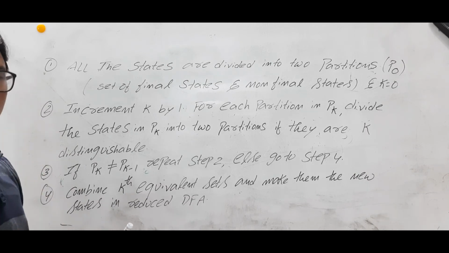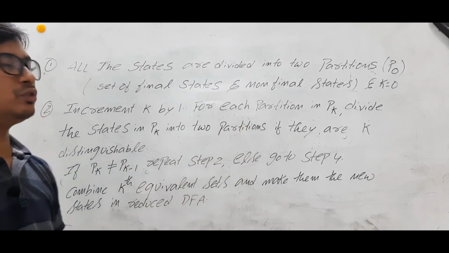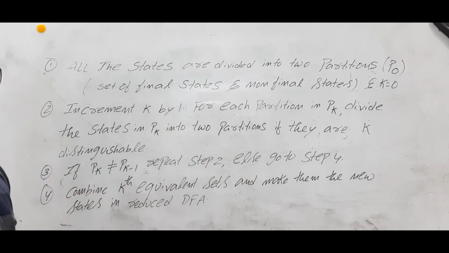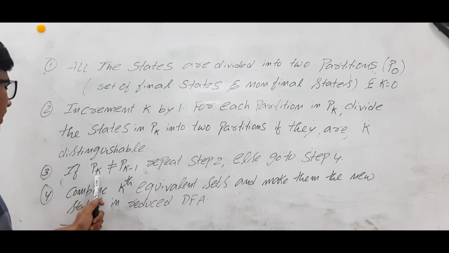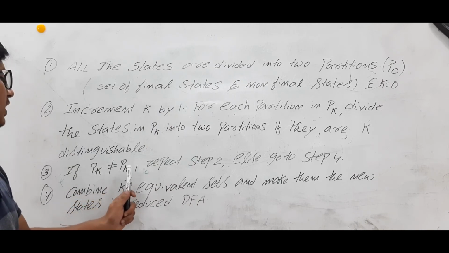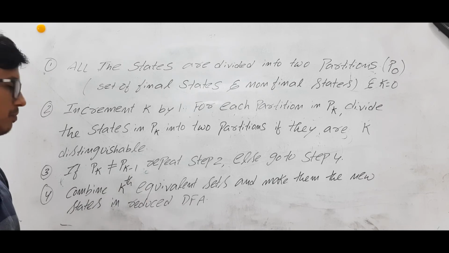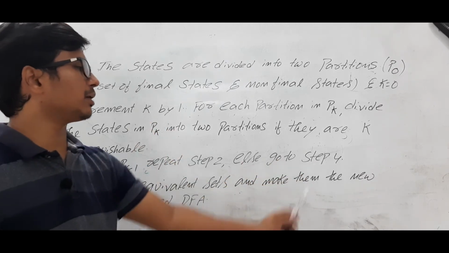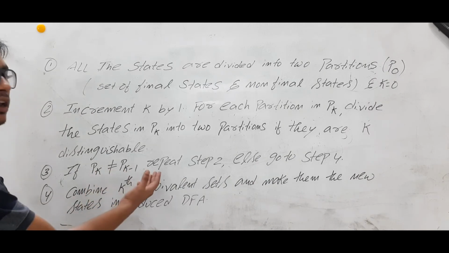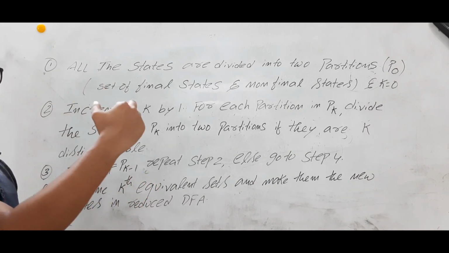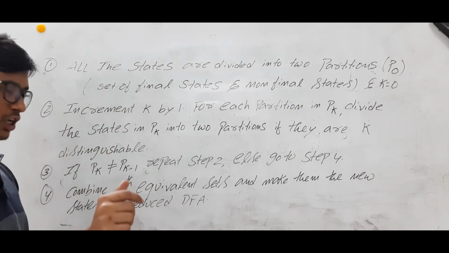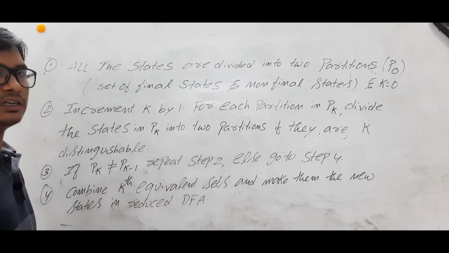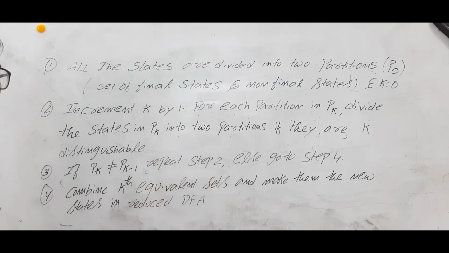Or if they are not the same, then again we will do step 2. So that's what was written. If Pk is not equivalent to Pk minus 1, the previous step, then repeat step 2. Else go to step 4, meaning if the 0 equivalent and 1 equivalent are equal, then we will say that it is done and we will stop the procedure.